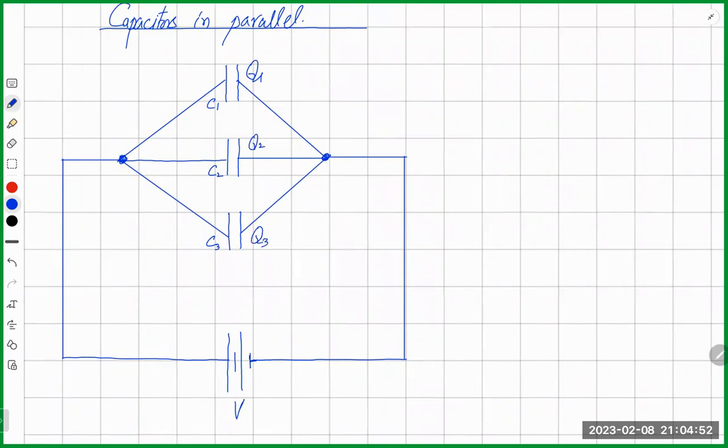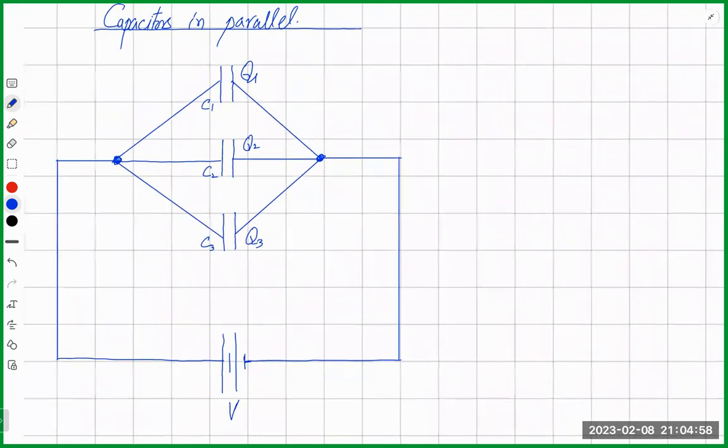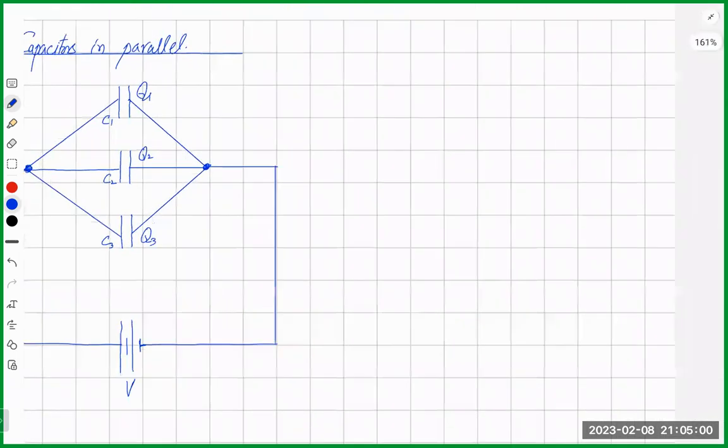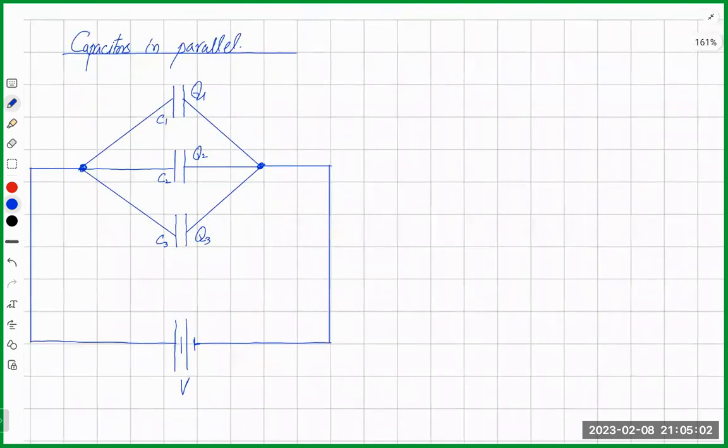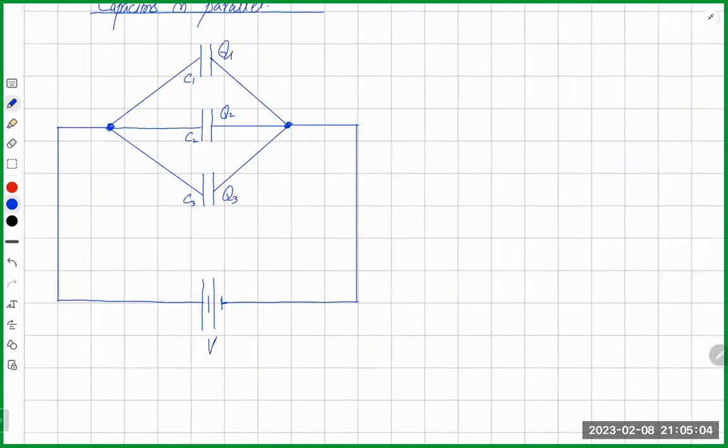Q1, Q2, Q3 means three different charges depending on three different capacitances, C1, C2, and C3. Now, what do we know? What charge has come from the battery? Answer is Q. And then the charge splits into Q1, Q2 and Q3.